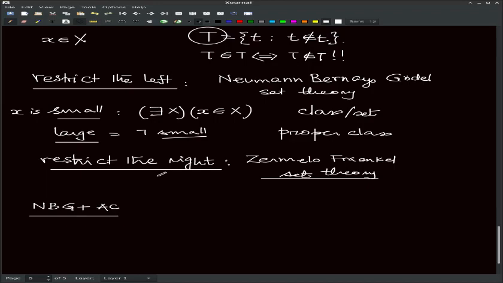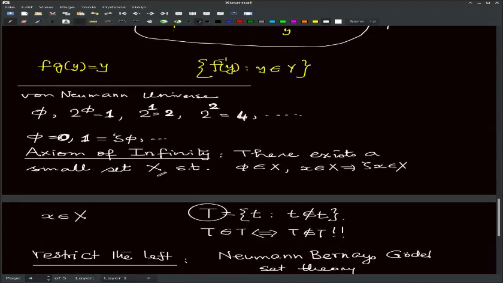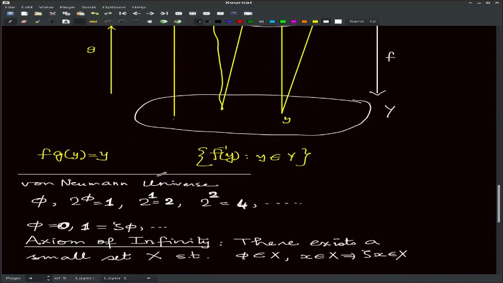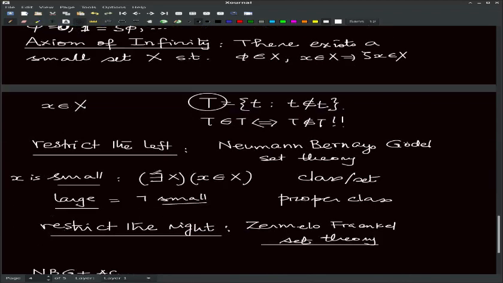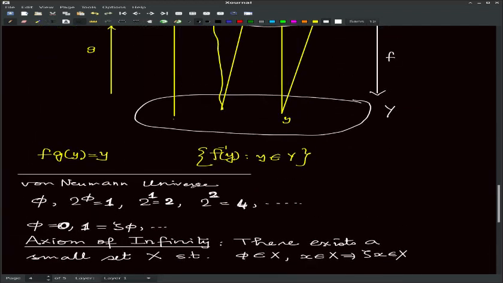So now it says axiom of infinity. Obviously the notion of strictly large and small comes at the beginning, and then the axiom of infinity says that there exists a small set which contains, for each n, the successor of n. So n plus 1 is the successor of n.